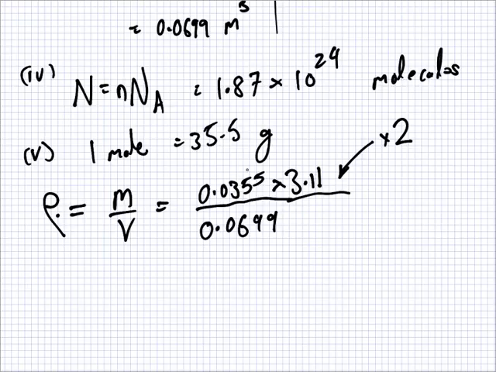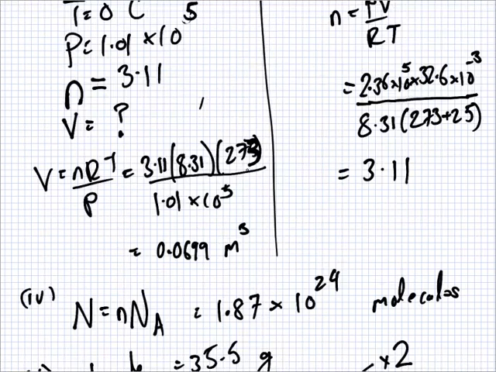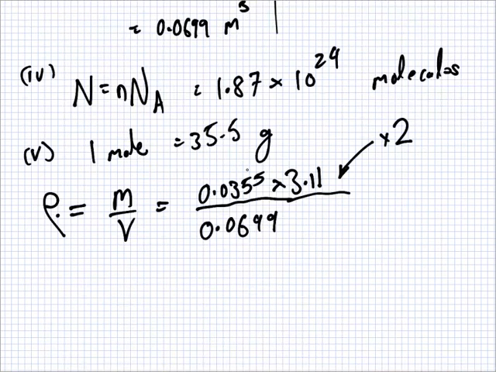I think that's actually the mass for... multiplied by 3.11. That's how many moles I have, isn't it? Yeah. But it said mass, not mole. I'm getting the mass of the gas. We have 3.11 moles of gas, and each mole is 35 grams.